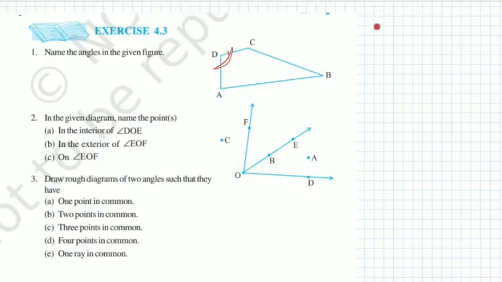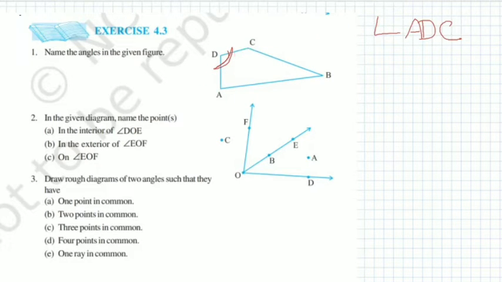While naming it, D will be in the middle. Here you should write one point here and one point here. So that will be C and A. You can write A and C or C and A. Okay, you can write ADC. Angle ADC is the first one.